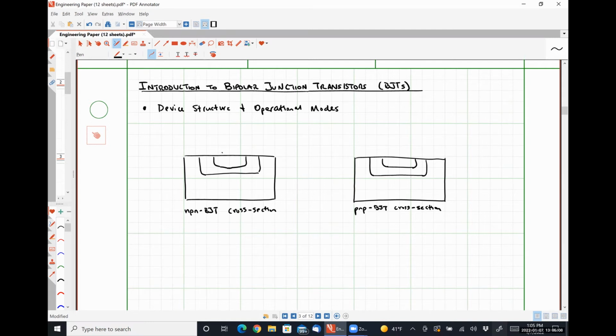So our middle region is what is called the emitter in both cases. And the emitter is what emits charge carriers into the device. Then we have the base.